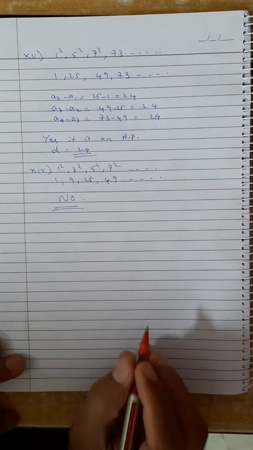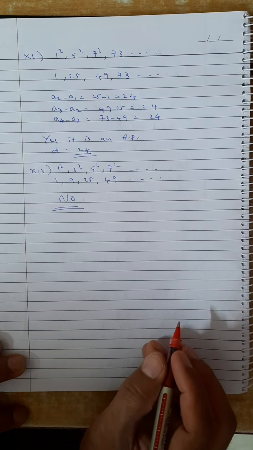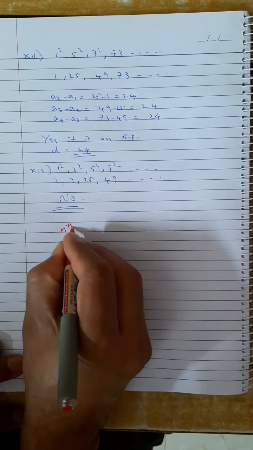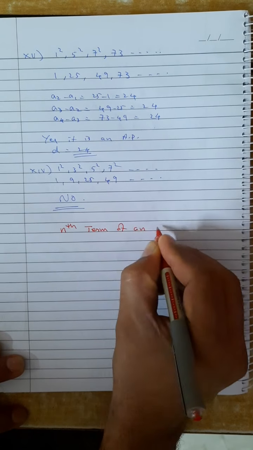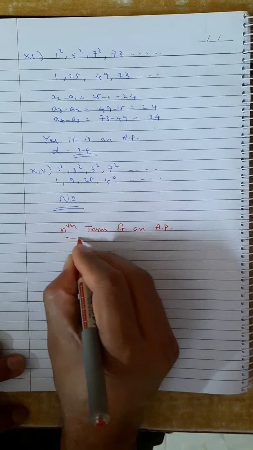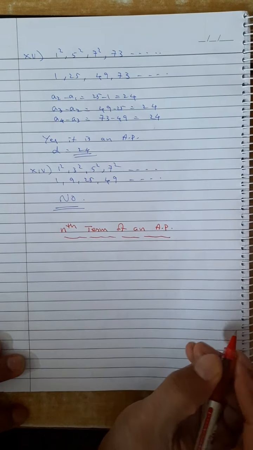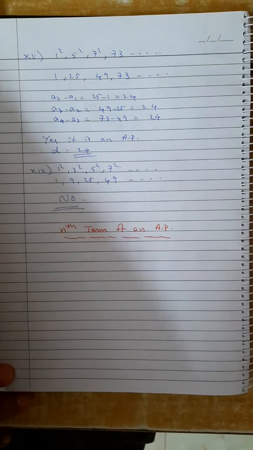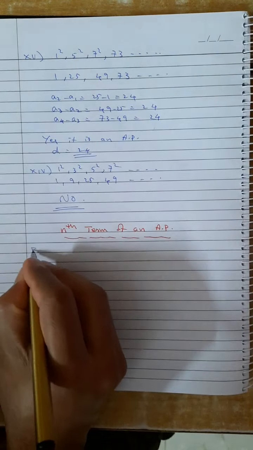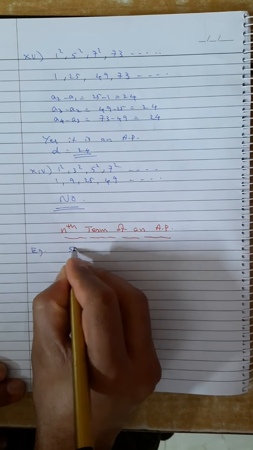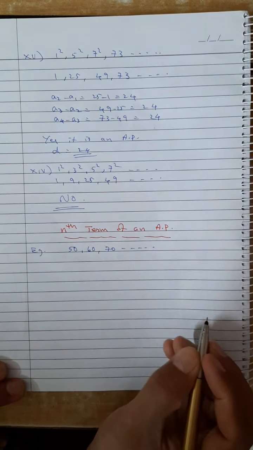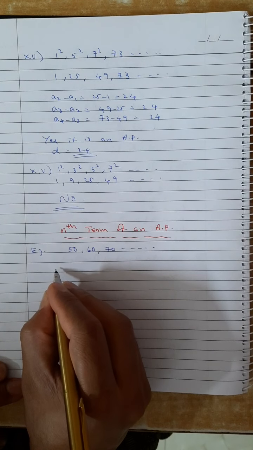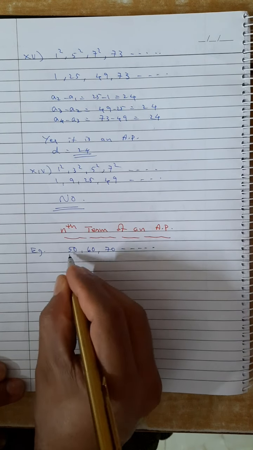Now we will see what is the meaning of nth term of an AP. Suppose there is one example: 50, 60, 70, etc. First term is 50.